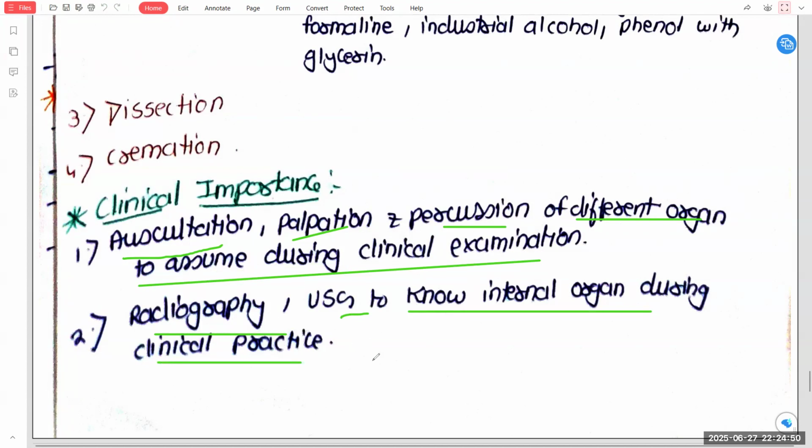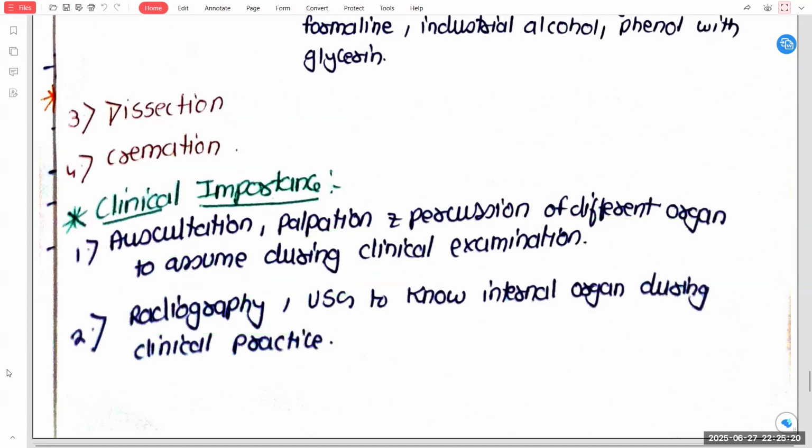So if you have seen exactly where the spleen is located, where exactly the liver is located, then when you are doing radiography, that is X-ray or anything, or USG, you come to know that, okay, I have to keep the scope above this area because here my spleen is located. If I want to see the liver, I will keep the scope here so that I can easily see the liver. So this is how it is important to learn cadaveric dissection.